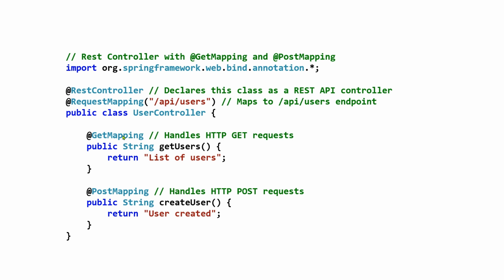If you want to retrieve any data, then get mapping. If you have to edit or update, then use patch or put. And if you want to delete data in your database, then you will have to use delete mapping. So these are the annotations used for handling HTTP requests.